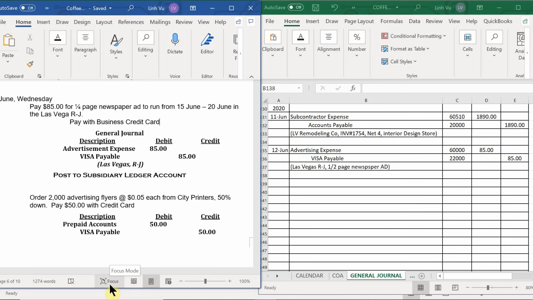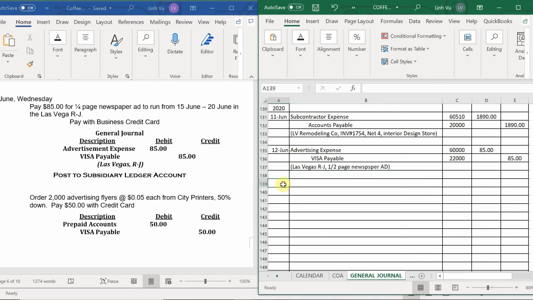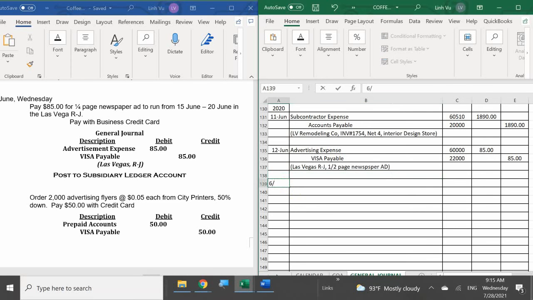Now we're paying 50% down. That's just $50. And we're going to use our business credit card for this. Now again, what was that account that we normally use to represent our down payment, and that it's going to go towards the bill? Prepaid accounts.